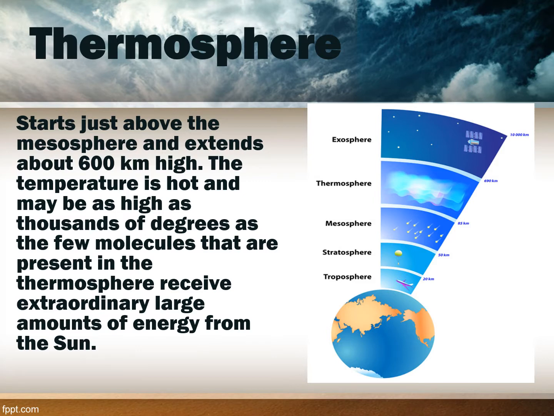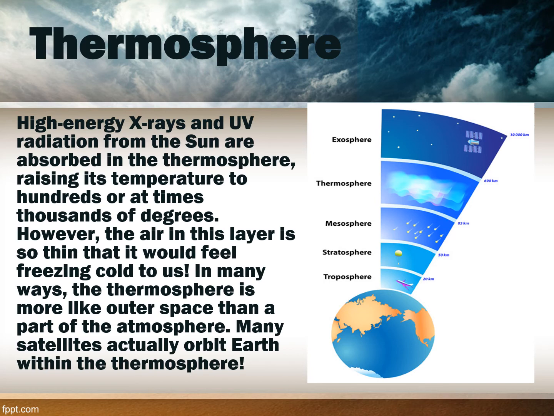The thermosphere starts just above the mesosphere and extends about 600 kilometers high. The temperature is hot and may be as high as thousands of degrees, as the few molecules present in the thermosphere receive an extraordinarily large amount of energy from the sun. The high-energy X-rays and UV radiation from the sun are absorbed in the thermosphere, raising its temperature to hundreds or at times thousands of degrees.